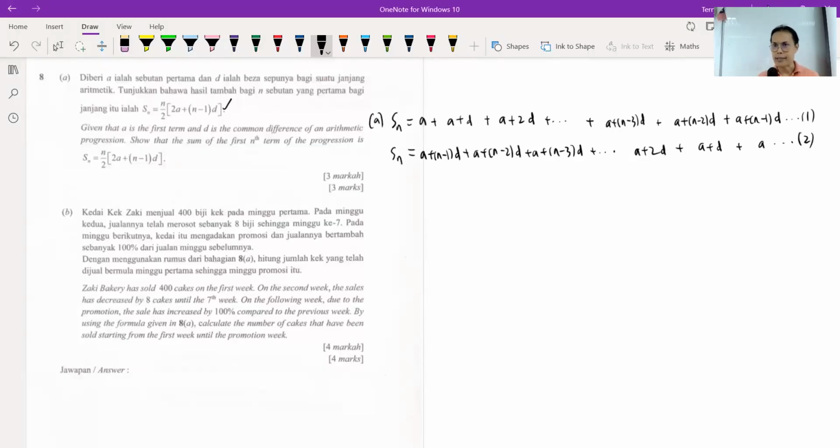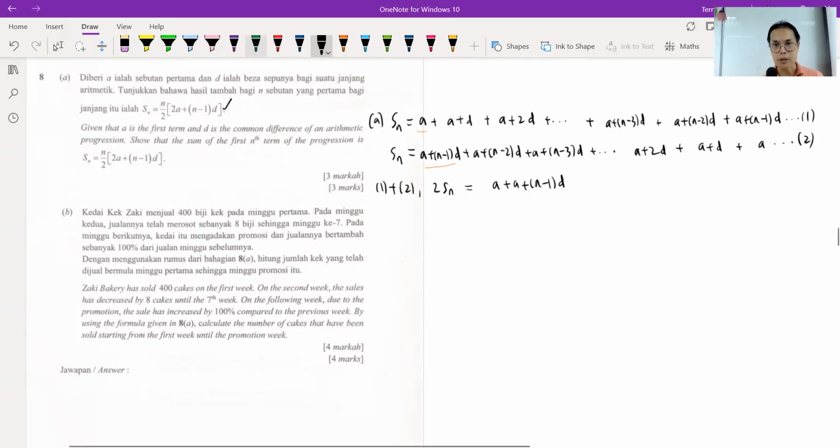Why do I write this? So that when you take equation 1 and add equation 2, Sn plus Sn is 2Sn. And take note, when you add these two together, you basically get 2A plus (n minus 1)d. If you don't believe me, look at the second one.